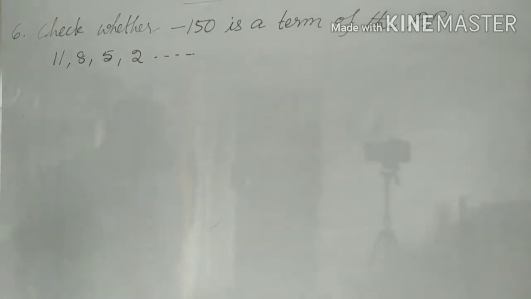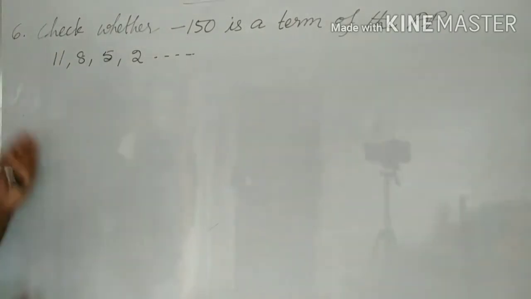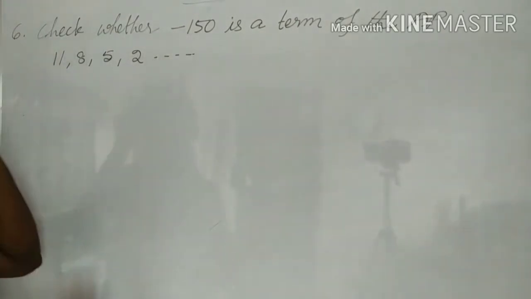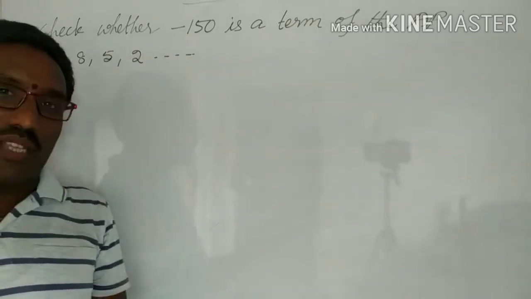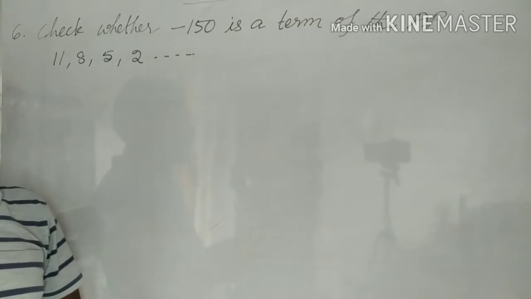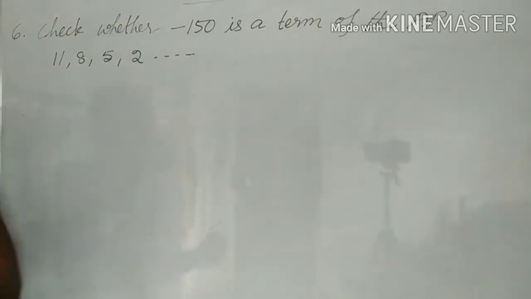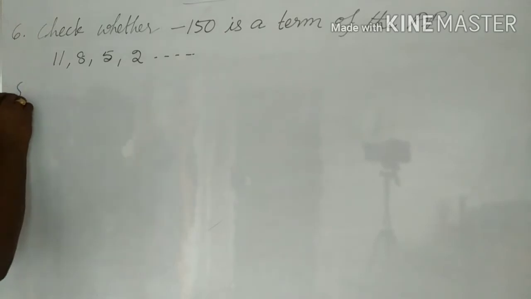Now see, check whether minus 150 is a term of the AP. So this is the AP. We should check whether minus 150 is a term of the AP or not.